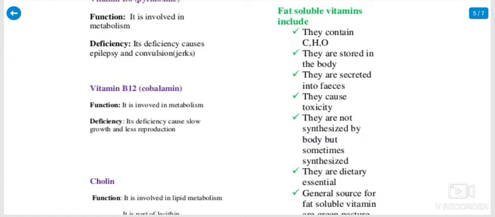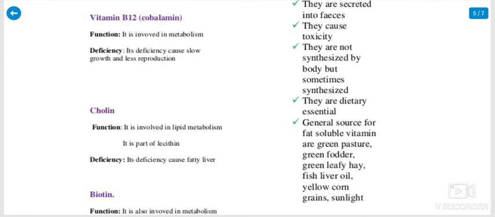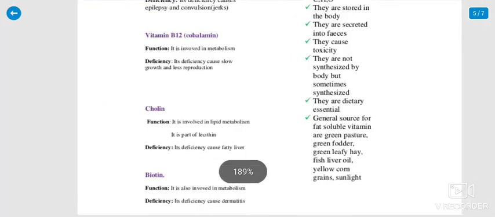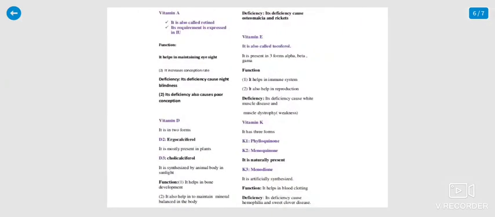They are dietary essentials. The general sources for fat soluble vitamins are green pasture, green fodder, green leafy vegetables, fish liver oil, yellow corn grains, and mostly sunlight. So these are called fat soluble vitamins.